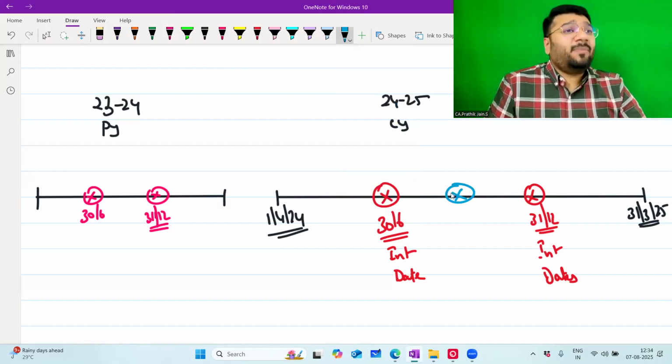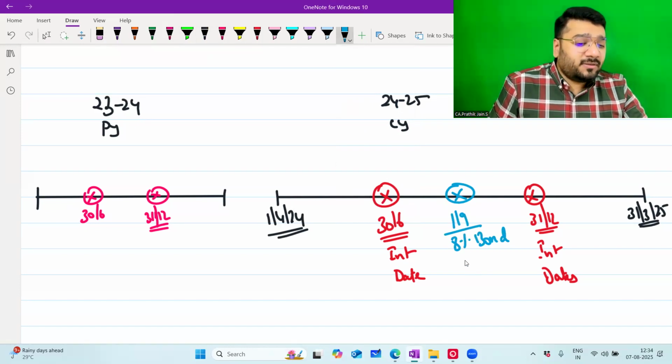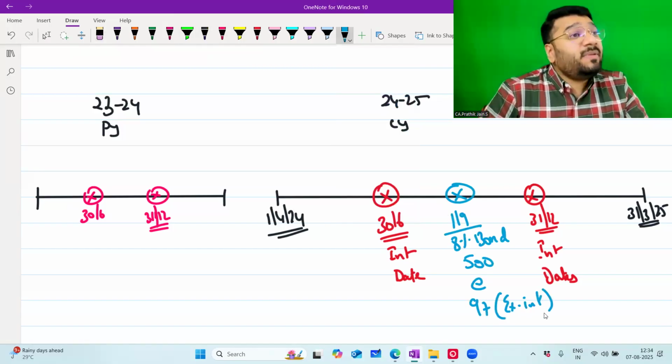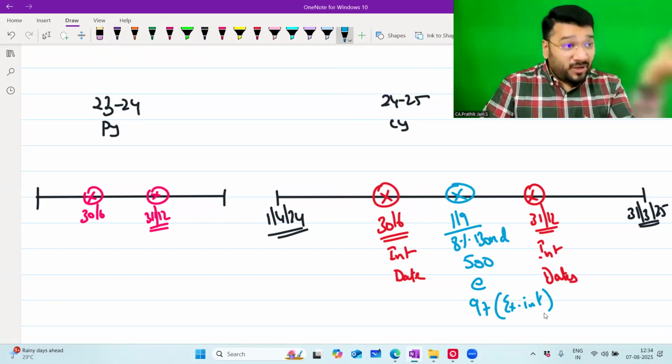Now, what is happening on this date? You tell me first that. 1-9. Purchased 8% bond. How many bonds? At 97. Ex interest or cum interest? Ex interest. My question to all of you: what is the meaning of ex interest? Excluding interest.